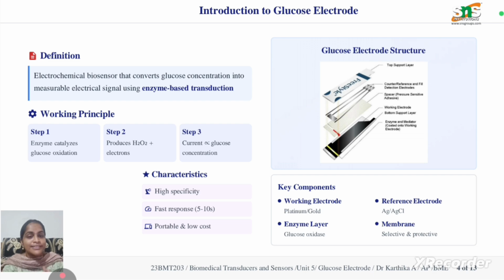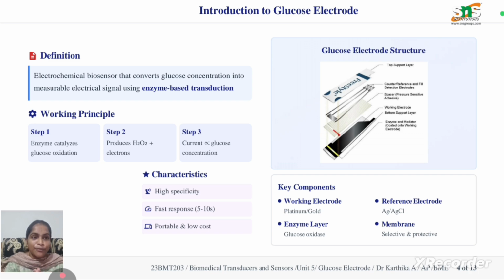Our main aim is to convert the electrochemical biosensed output into measurable electrical energy. That's it. This is the basic principle of our sensors and transducers. Biosensors get the electrochemical reaction, which sends the information. Here the sensed information is converted into an electrical signal with the help of transducers.